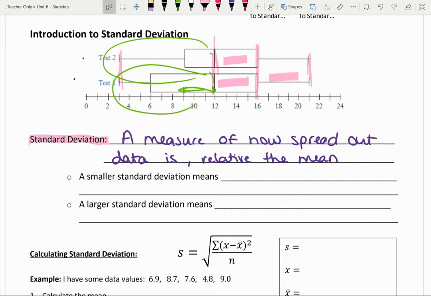So for instance, if we have a smaller standard deviation, that means that the data values tend to be close to the mean, whereas a larger standard deviation means that the data values tend to be more spread out.